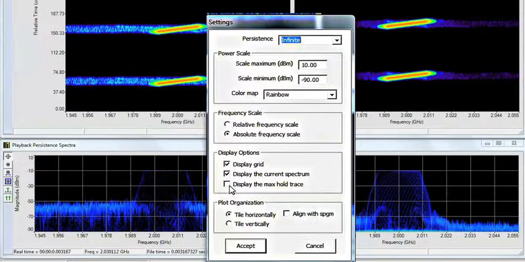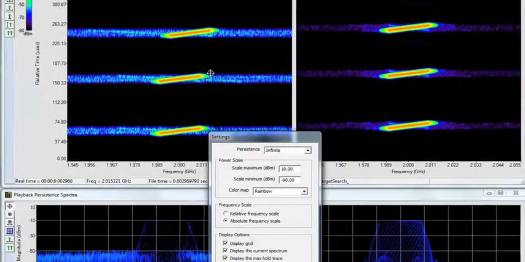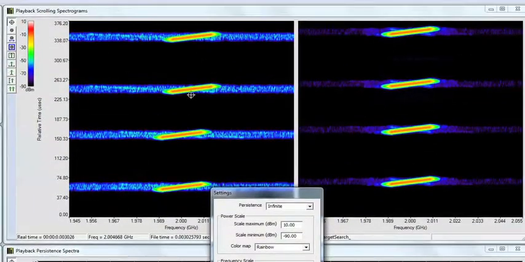And we're going to also turn on a max hold feature, which will help us to see what the upper frequency limit of the chirp is as it progresses from this lower frequency grouping, start and stop, to the upper frequency grouping of the shifted chirp from here to here.